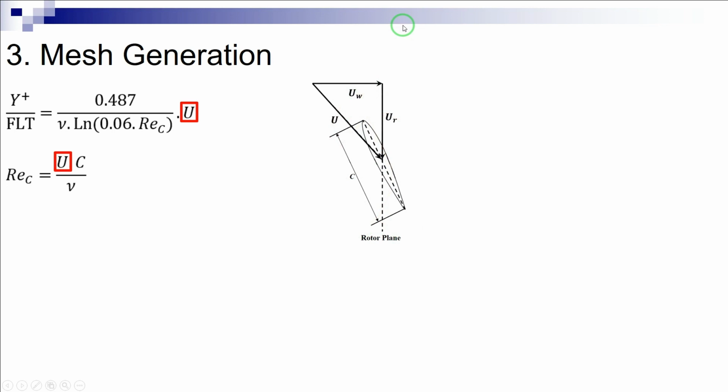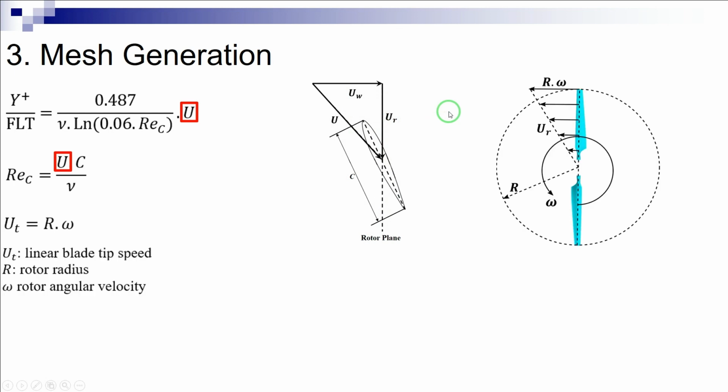The velocity component from the rotor rotation, UR, changes linearly along the blade span, as shown here, from 0 at the rotor center to the largest value at the blade tip, which is calculated as presented in this equation, where UT is the linear blade tip speed, R the rotor radius, and omega the rotor angular velocity, as depicted in this figure.